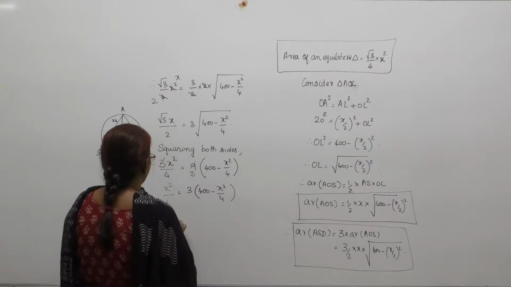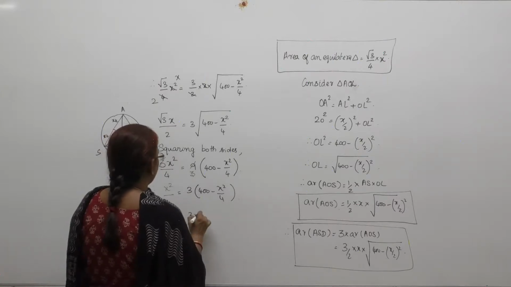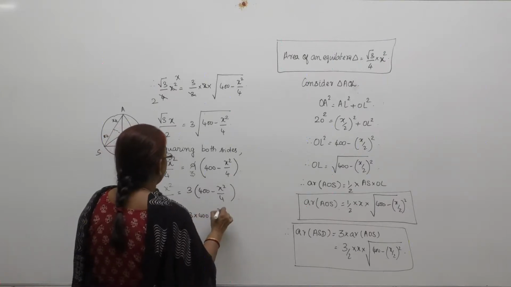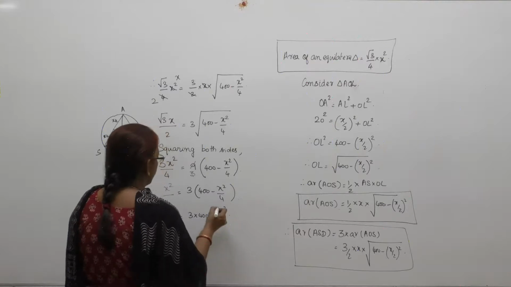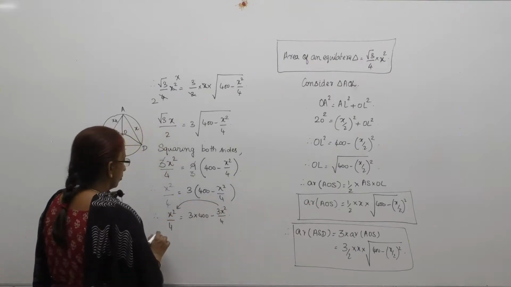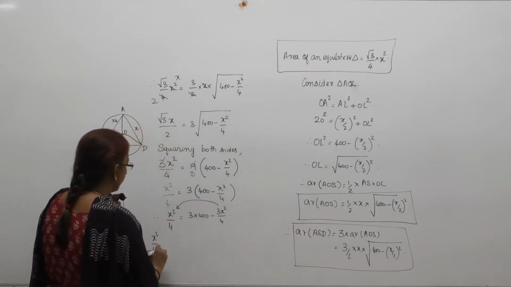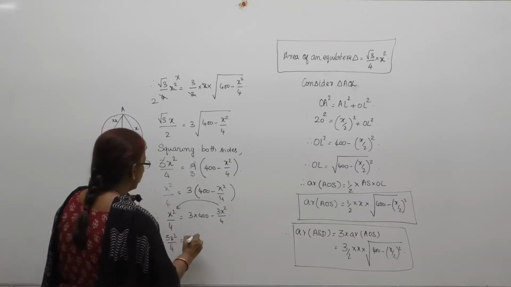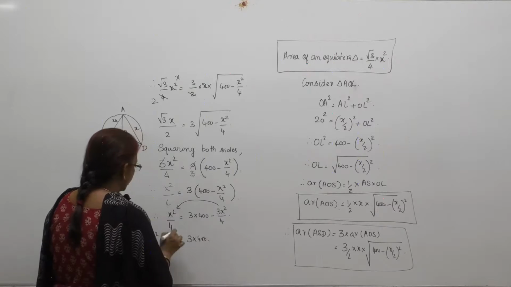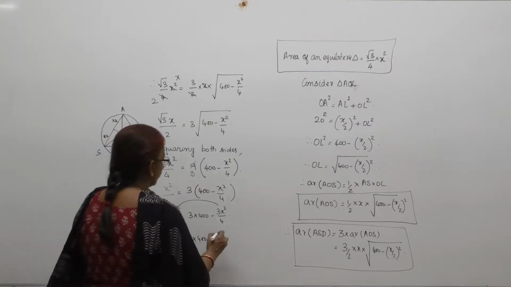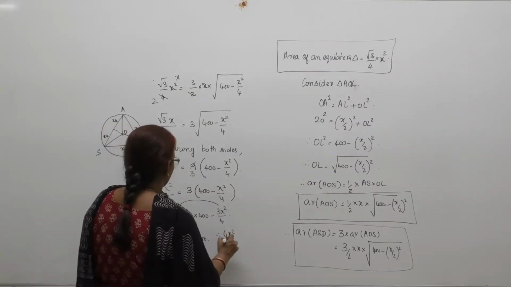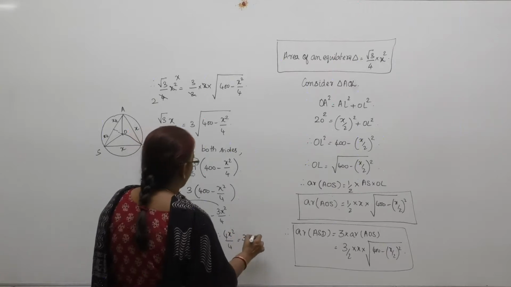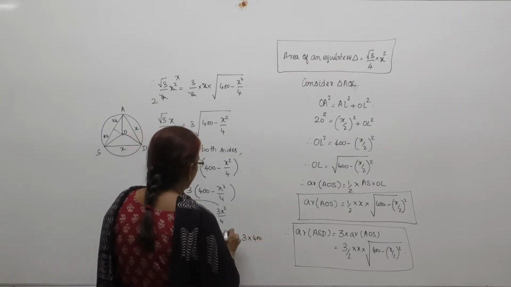Therefore, x square by 4 equals 3 into 400 minus 3x square by 4. So you take the minus 3x square by 4 to the other side. So you get x square by 4 plus 3x square by 4 equal to 3 into 400. Or you can say 4x square by 4 is equal to 3 into 400. 4 and 4 will get cancelled.